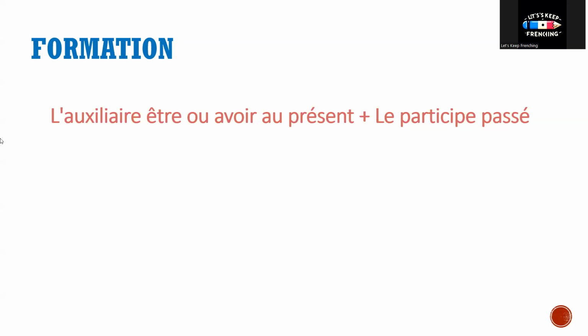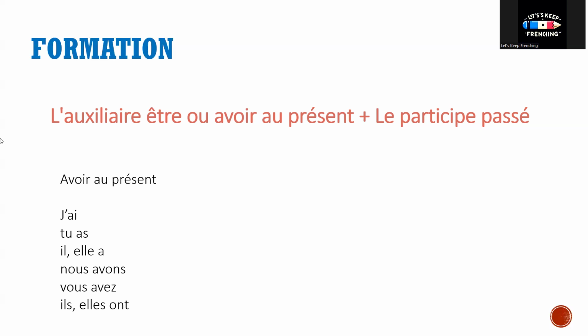So let's do a quick reminder about l'auxiliaire être and avoir in the present tense. If you don't know it, I suggest you go to my other video where I speak about le présent de l'indicatif, where I covered this at length.